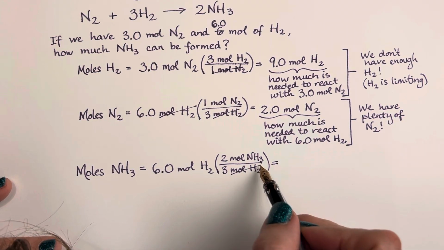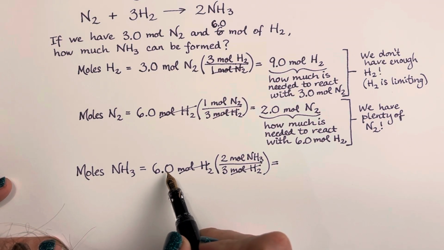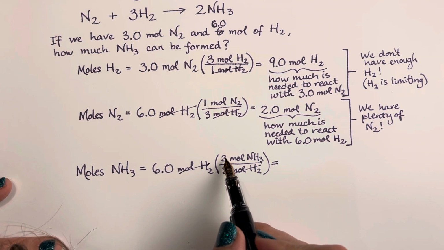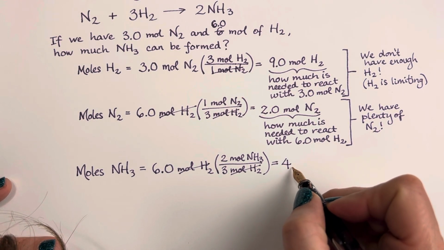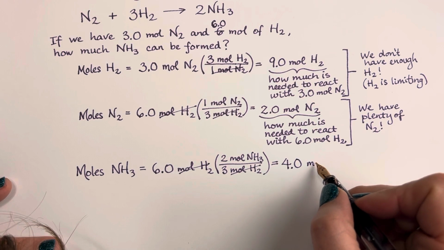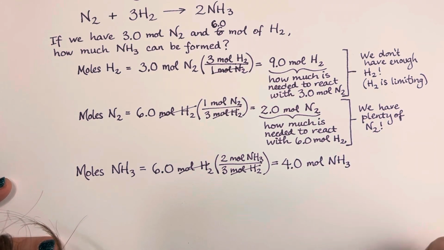Moles of hydrogen cancel out. 6.0 times 2 is 12, divided by 3 is 4 moles of ammonia.